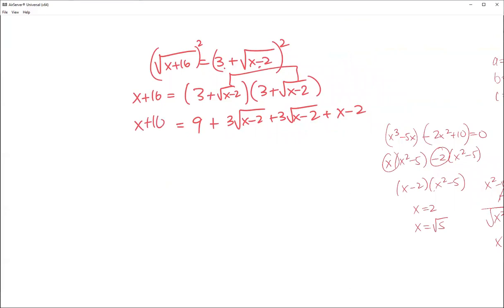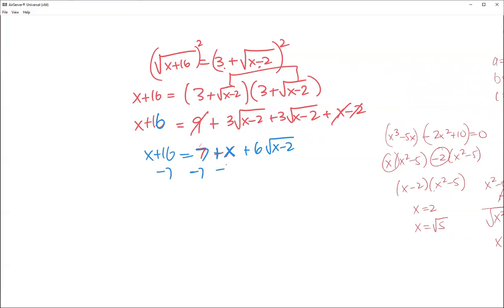Oh, sorry, this will be 7 plus x, right? So the 9 minus 2 is 7, plus x. And then there's a plus 6 radical x minus 2 equals x plus 16.